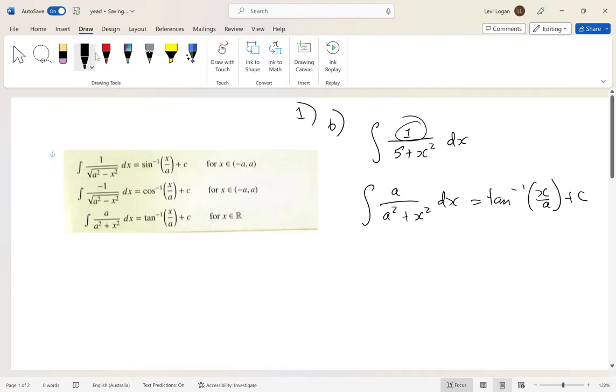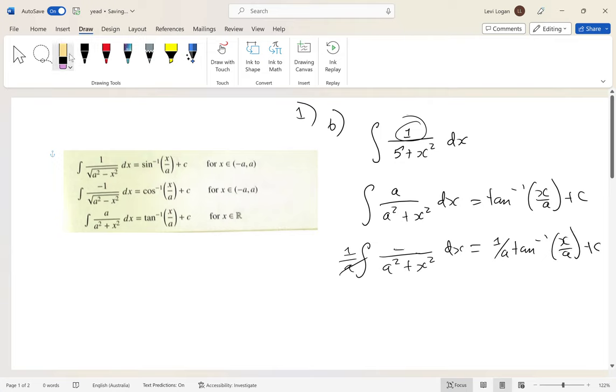So if we want to solve the form, the integral of 1 over a squared plus x squared dx, they've divided this whole integral by a pretty much. So it had an a up there and that cancelled out. So this form would be 1 over a tan inverse of x over a plus c.